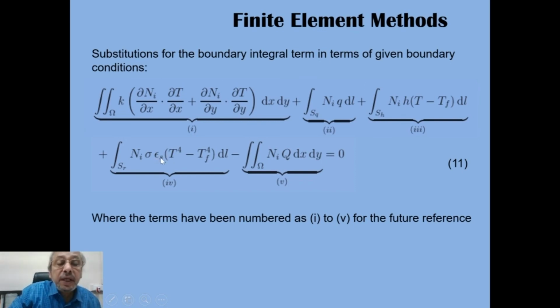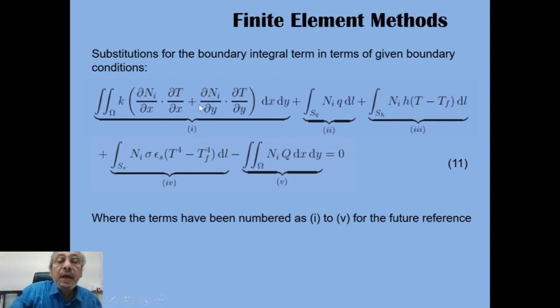This epsilon s is emissivity. This is not the error that we defined while defining our formulation. This is different, surface emissivity. T to the power 4 minus Tf to the power 4 dl. Again, this will be on the segment where it is applicable, plus the heat generation rate equal to 0.